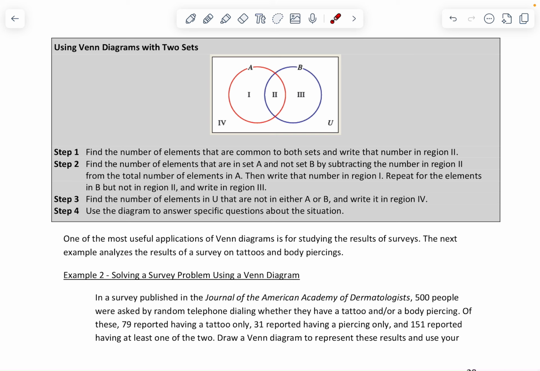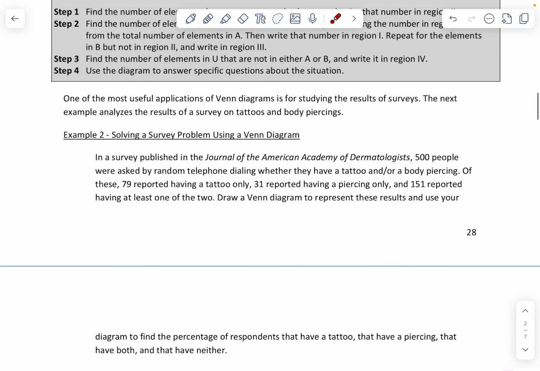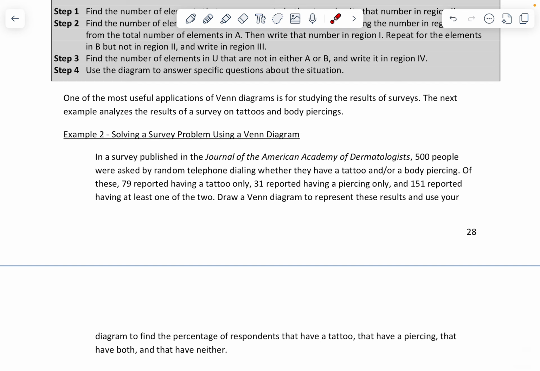Of these, 79 reported having a tattoo only, 31 reported having a piercing only, and 151 reported having at least one of the two. So we want to draw a Venn diagram to represent these results, and then use the diagram to find the percentage of respondents that have a tattoo, a piercing, both, and neither.